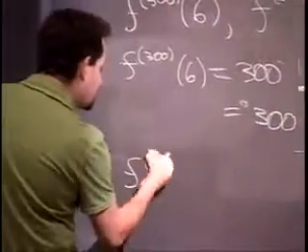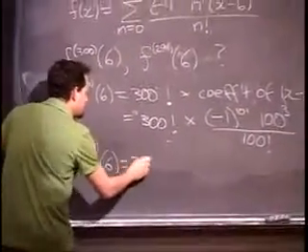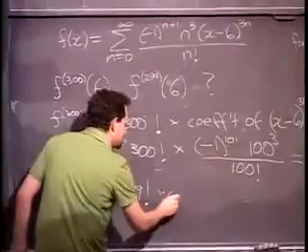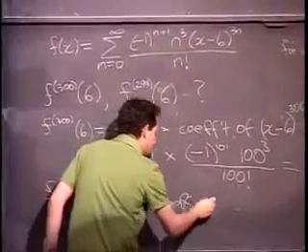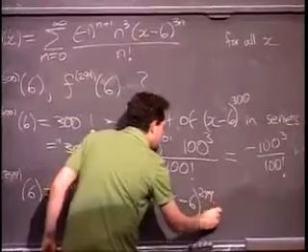All right? How about the other part? F to the 299, I believe, at 6 is 299 factorial times the coefficient of x minus 6 to the 299 above.